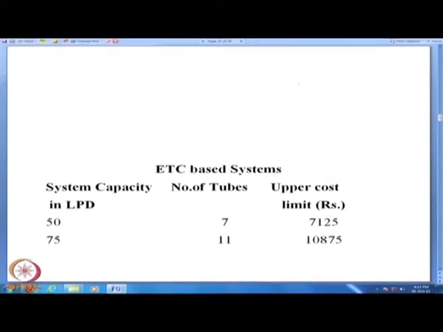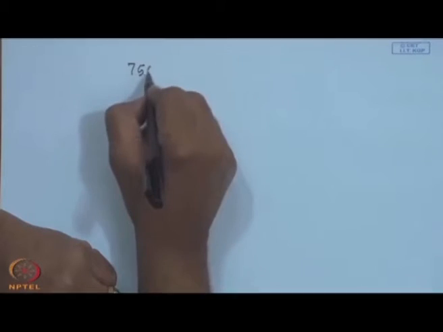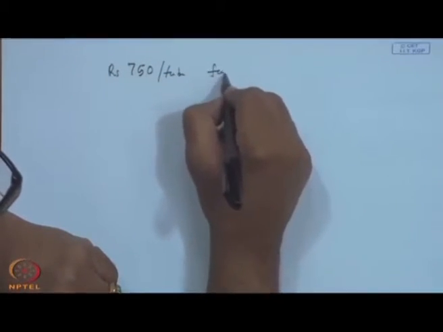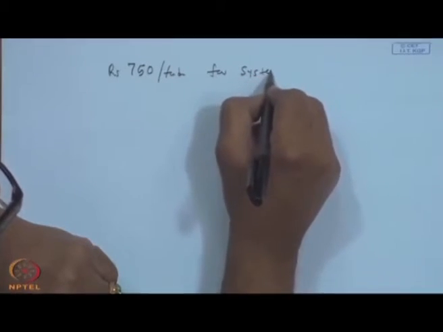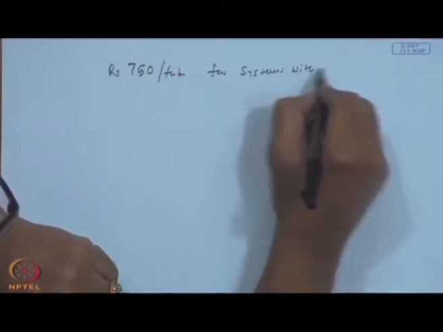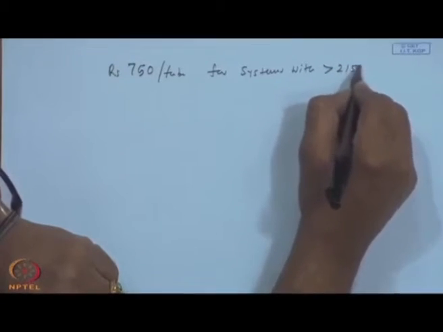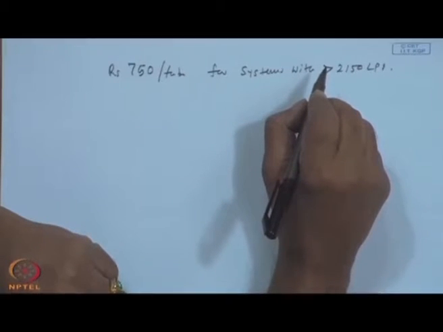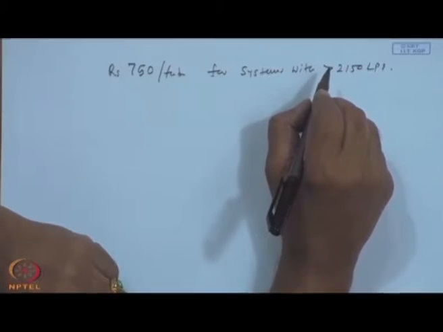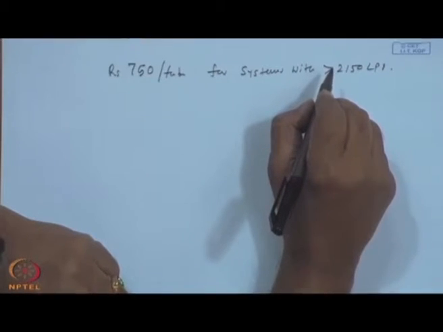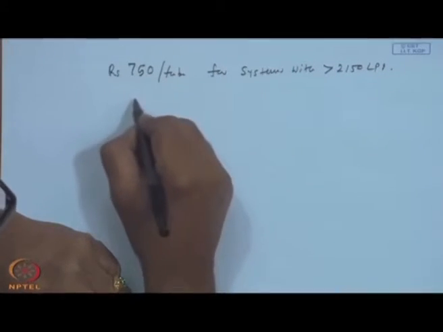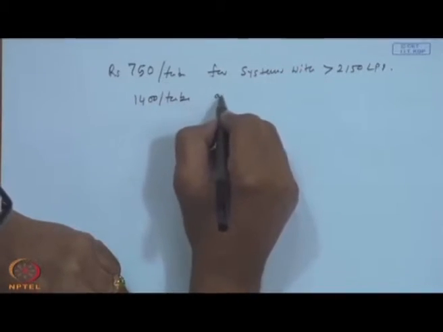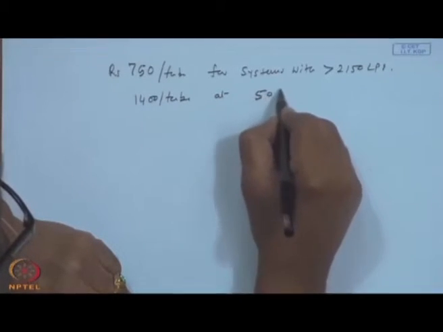So, 750 per tube for systems with greater than 2150 LPD, compared to about 1400 per tube at 50 LPD.